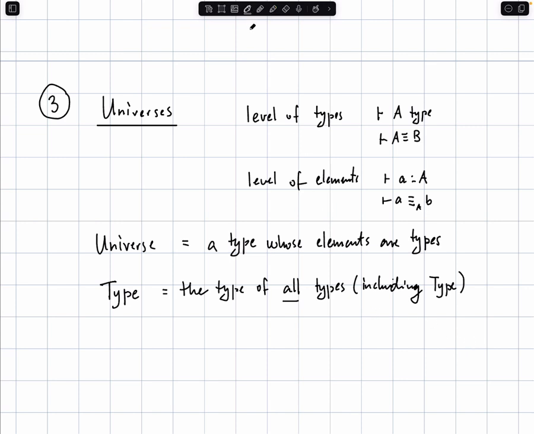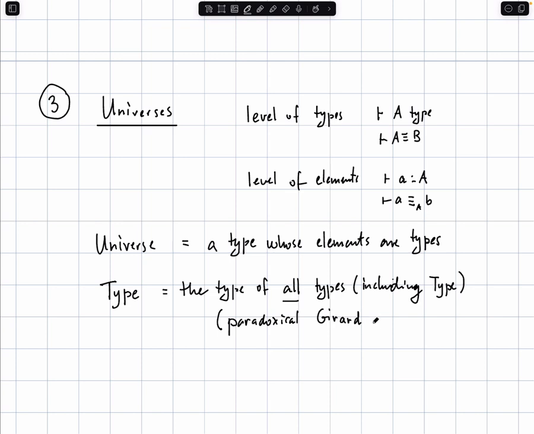But this is paradoxical. In what sense is it paradoxical? This is Girard. I think this is essentially how Girard came onto the scene. He showed up and said, paradox in Martin-Löf type theory.